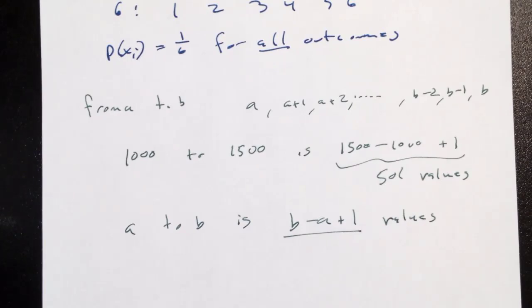So if I'm going from 10 to 90, that's actually 81 values. I have to count 10 and I have to count 90. Think of it as actually making the bins in your histogram, right? We go from 10 to 19, 20 to 29, 30 to 39, 40 to 49, 50 to 59, 60 to 69, 70 to 79, 80 to 89.